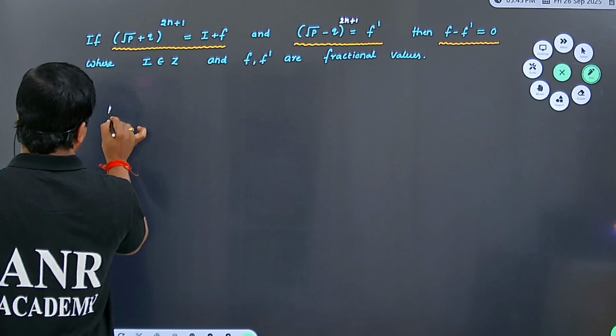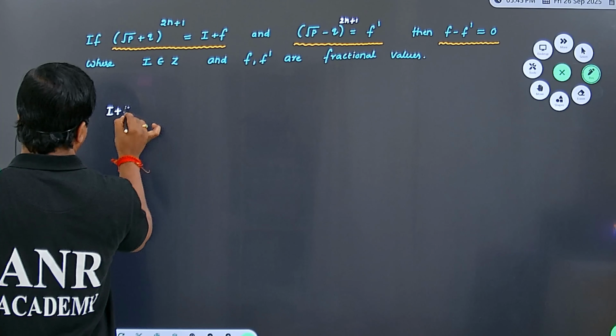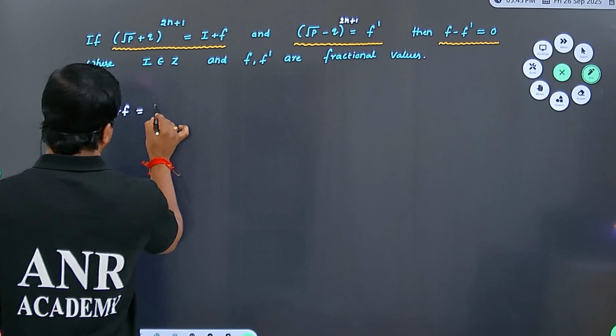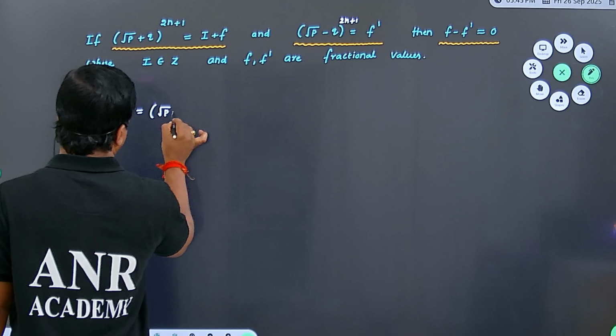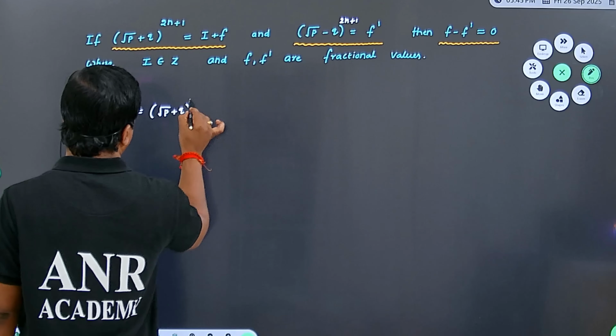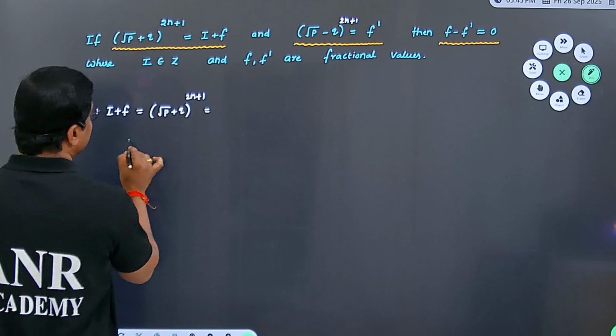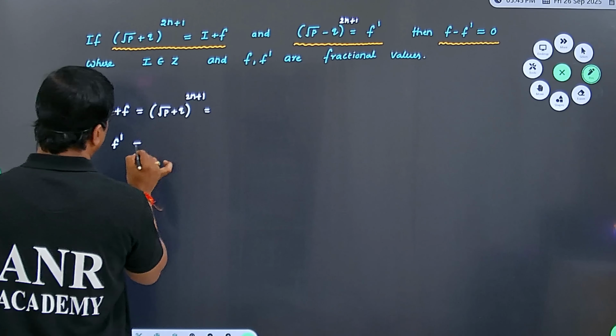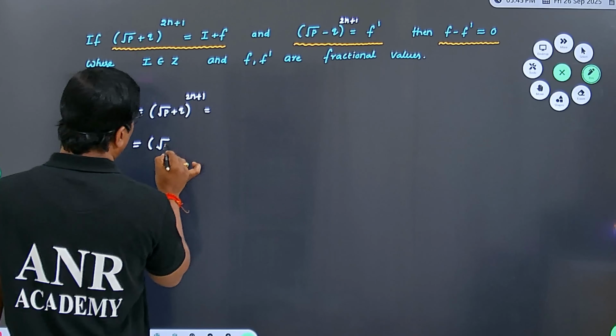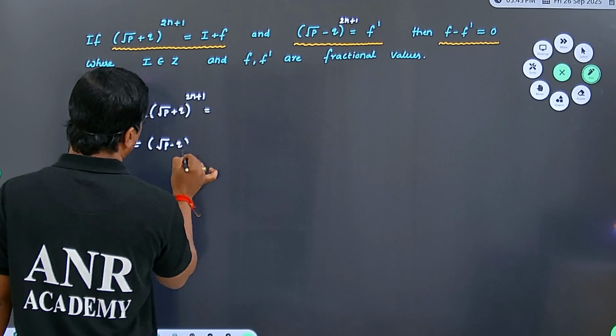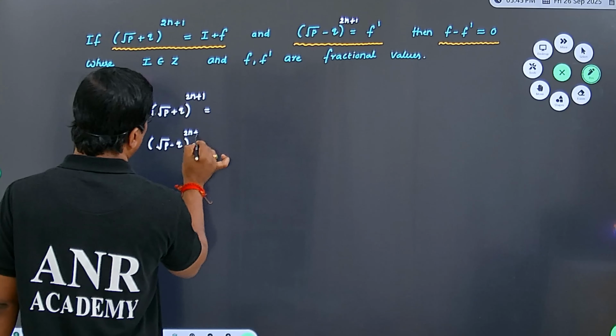Here first I am going to write the value of I plus f. I plus f is root p plus q whole to the power of 2n plus 1. Next f dash, that is root p minus q whole power 2n plus 1.